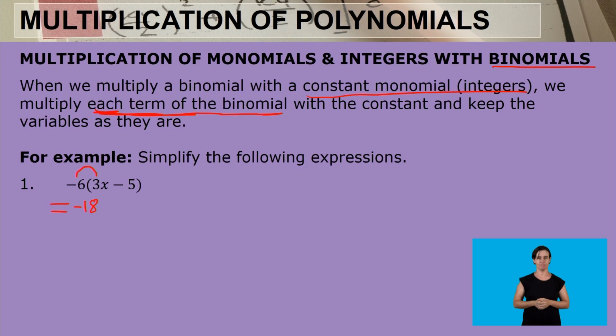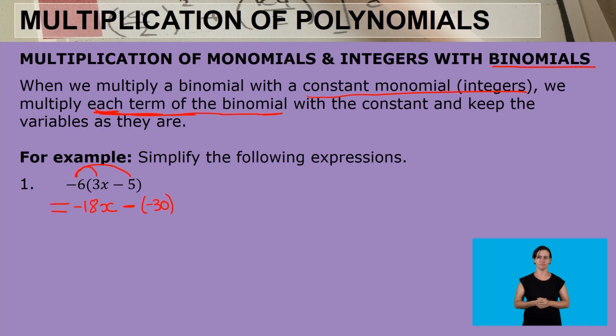And because there is no other variable there, we are just going to keep that variable as it is. Now remember, in the binomial, these terms are being subtracted, so we are going to subtract that there. Then we have a negative 6 multiplying with the 5. Now negative 6 multiplied by 5 is indeed a negative 30.